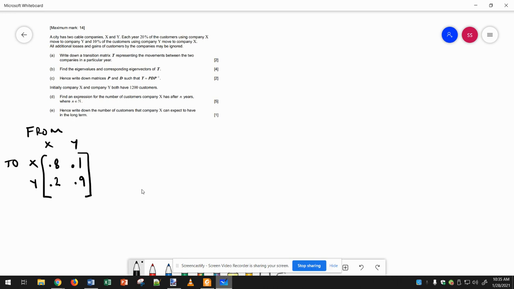To find the eigenvalues, we do 0.8 minus lambda times 0.9 minus lambda, so the diagonal values, and then subtract the product of the other diagonals. So 0.2 times 0.1 is 0.02. We set that equal to 0 and solve for lambda. We have to multiply all this out, so 0.72.